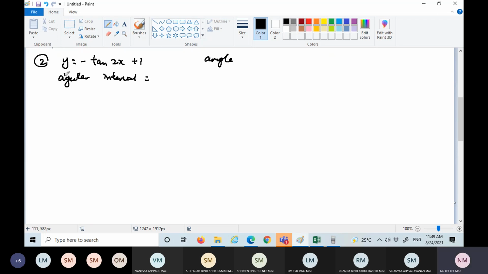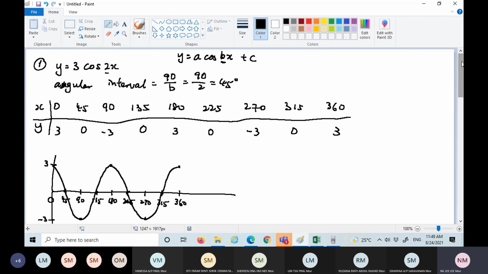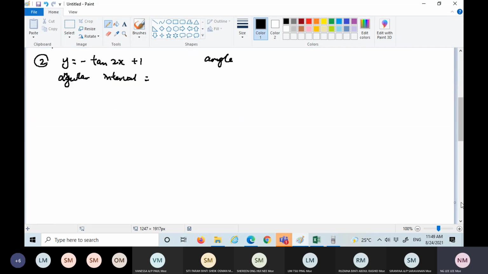A-N, got N. No wonder I write very odd. Okay, got N, angular. Okay, angular interval. Okay, so 90 divided by the B. Same thing, the B here again is 2. So same, this interval you have to use 45 degree. Okay, so same like just now.